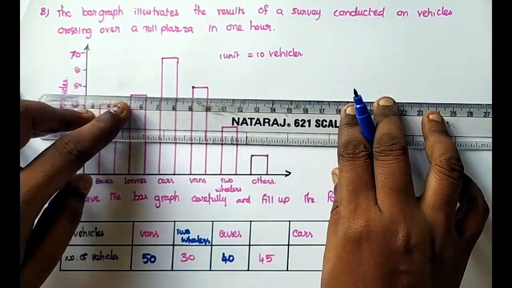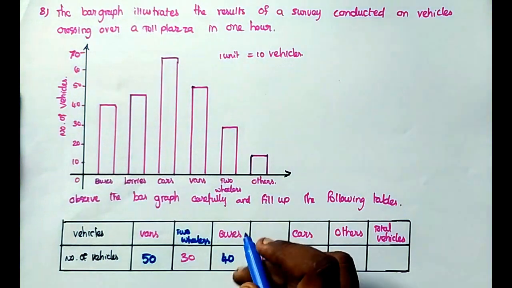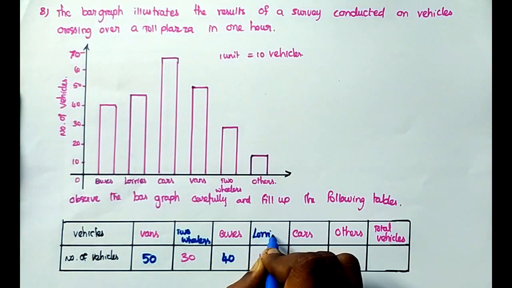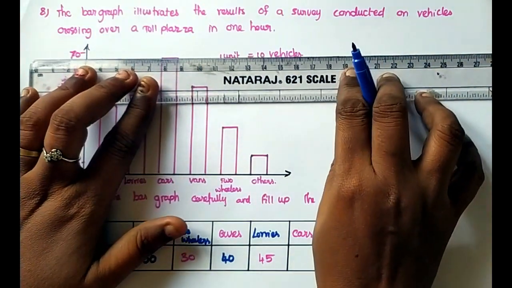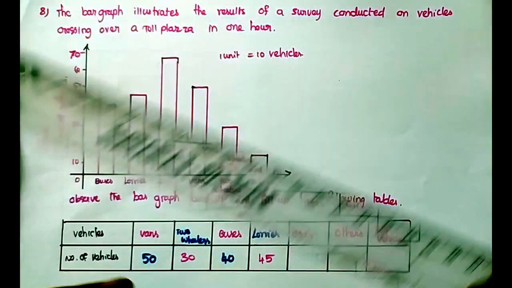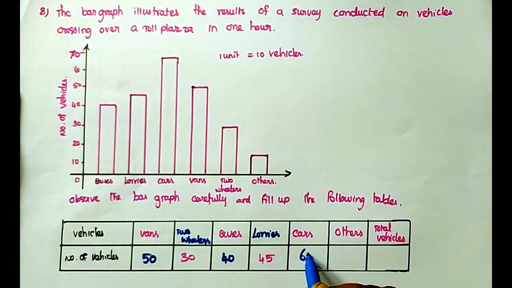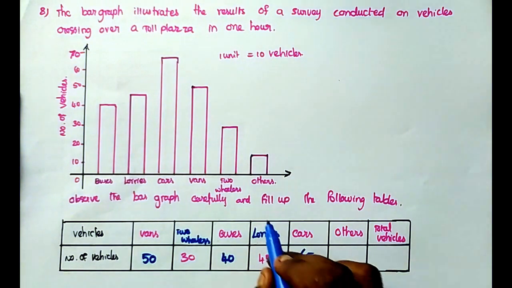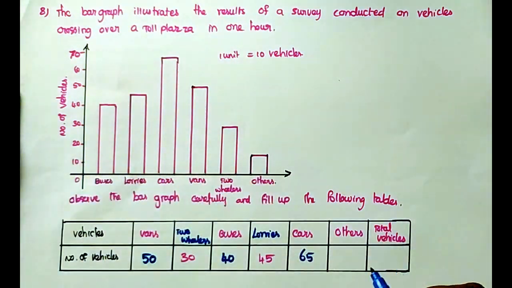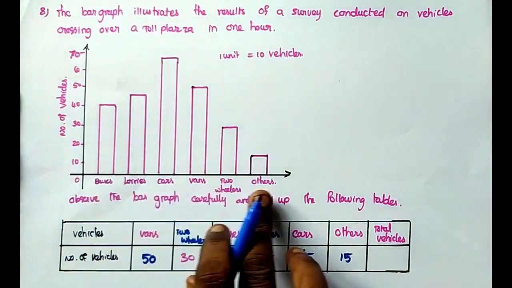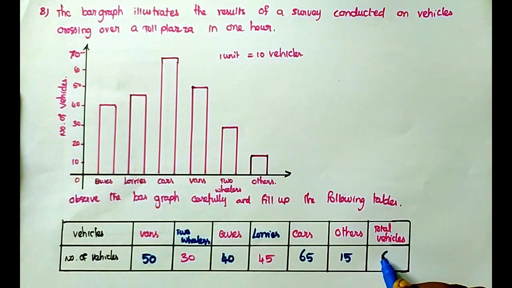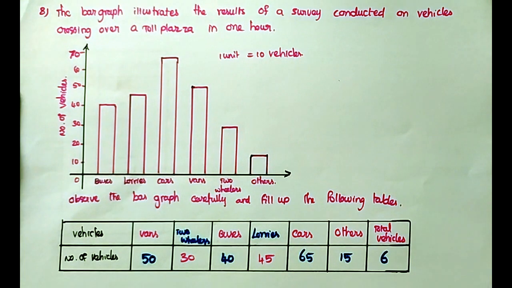That is lorry. Cars. How many cars? 65. Others, that is 15. Total vehicles, how many vehicles are there? 6. So that is the answer.